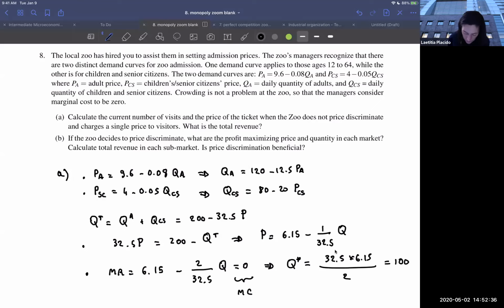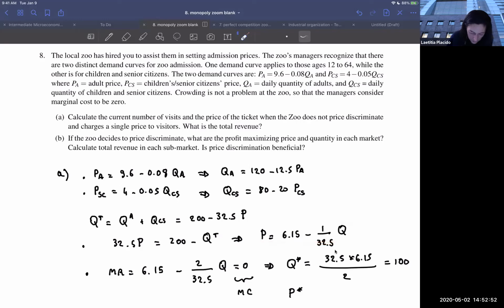And for the price, you simply substitute Q star in this equation here.